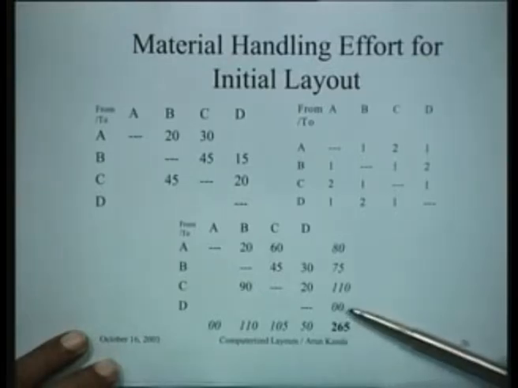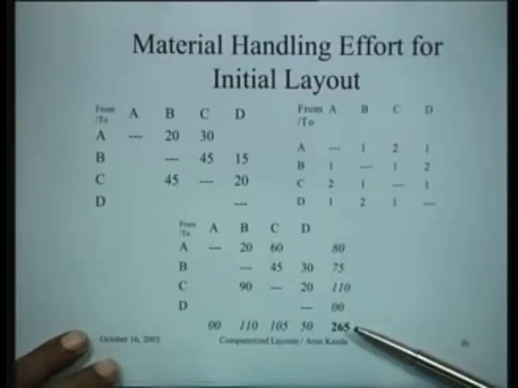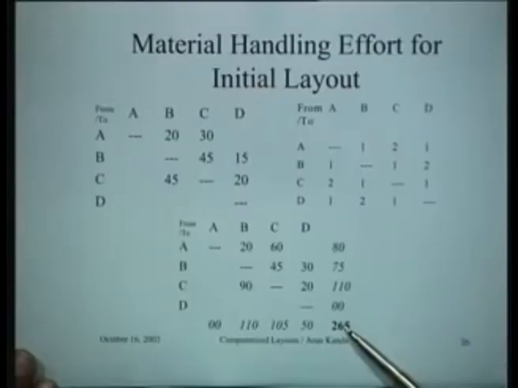What is this 265? This is like load into distance. It's like saying I move 5 trolleys and for a distance of, let us say, 100 meters, right? So load into distance is giving me the total material handling effort. So this is my objective function.